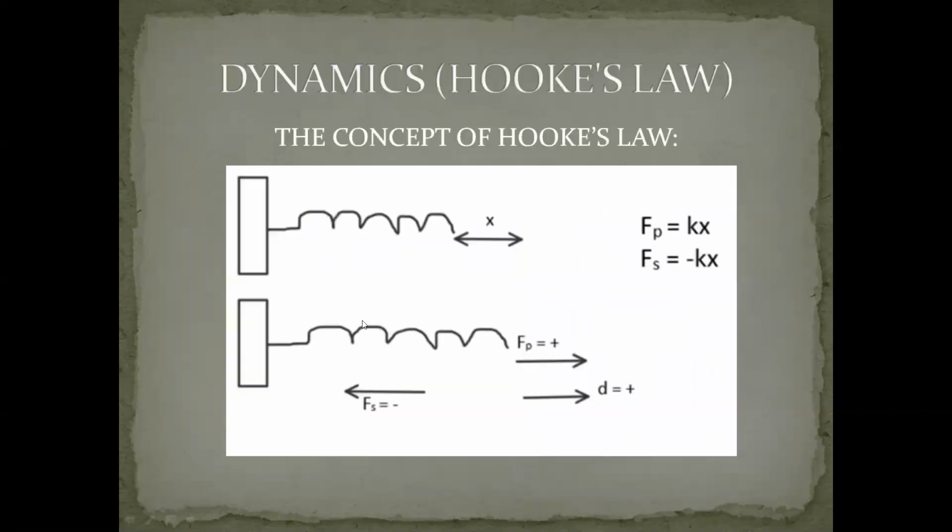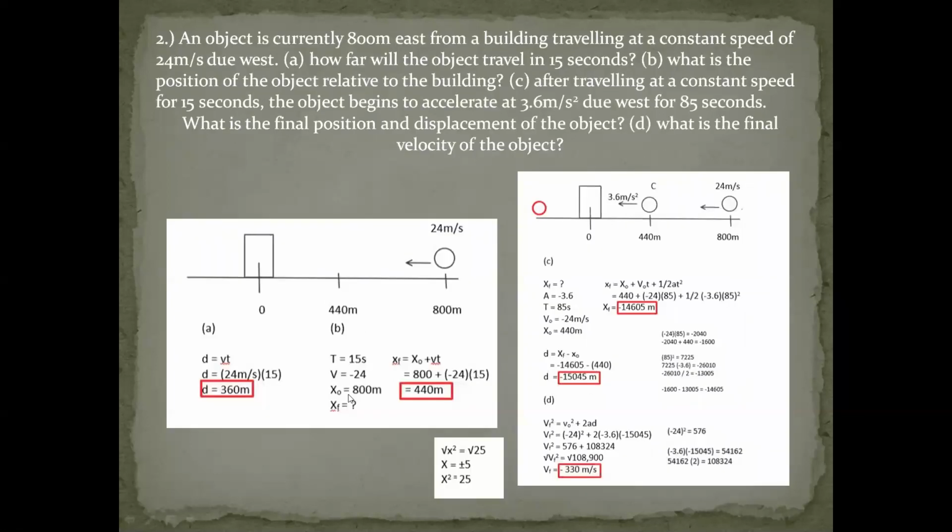Alright? So, yung x initial naman natin is 800 meters, yung initial position. And what is our final position? So, you're going to use this formula. X final is equal to x initial plus vt. X initial being 800, our v is negative 24, and our time is 15.